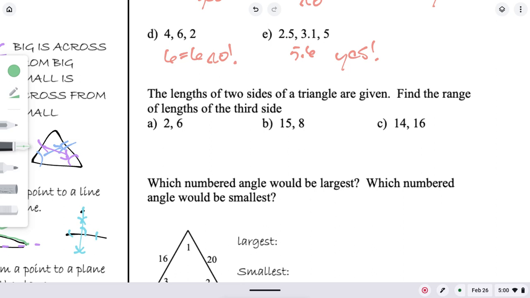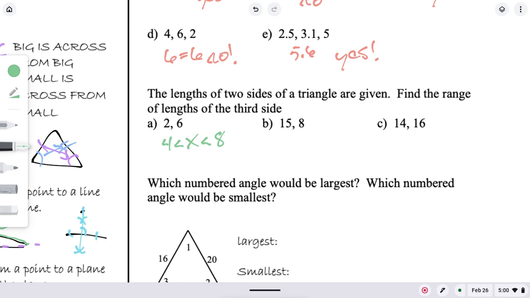Now, that number could be anything bigger than 4, right? Because 2 plus 4 is 6, so I'm going to use an inequality here. 4 is less than x, x being my third side, but it has to be smaller than 2 plus 6, which is 8. So x can't be bigger than 8. X can't be smaller than 4. It has to be in between 4 and 8 for this to work.